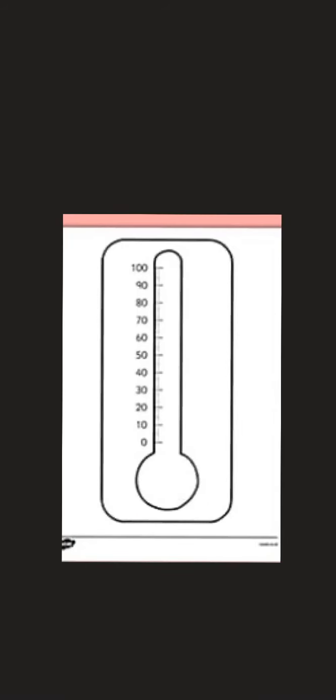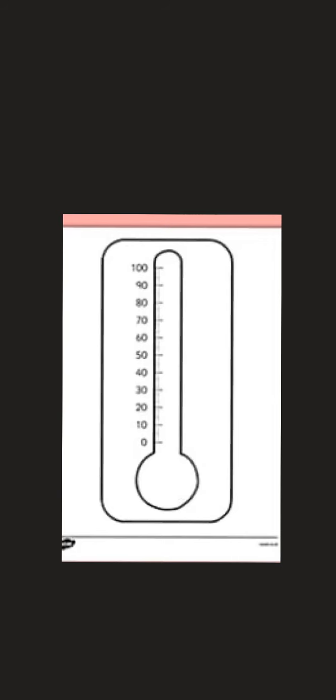On this thermometer, there aren't any lines in between the numbers. So we can see this is going up in tens. If the temperature gauge was in the middle between 0 and 10, we'd know it was probably about 5. So we'd have to use our estimating skills to estimate the temperature if they were between the numbers.